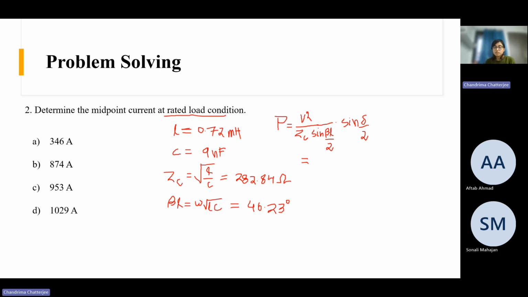So now let's find out what is P. The P value is V, you can take 400 kilovolt, that was given, 400 square divided by 2.